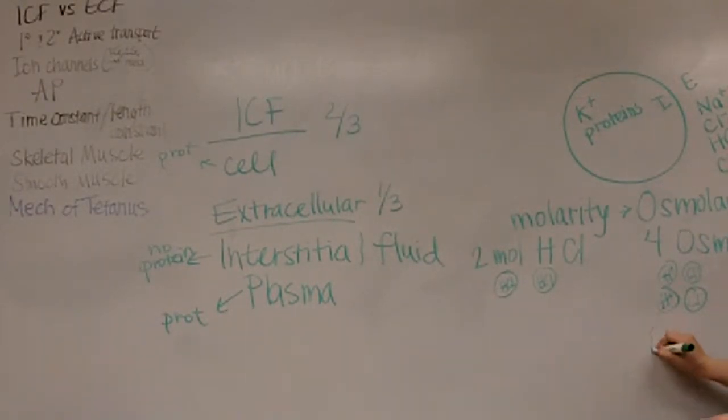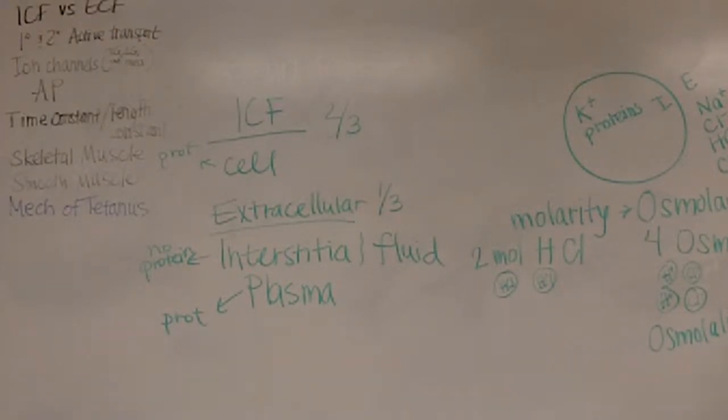If you do osmolality, it would be 4 osmoles per kilogram, because 1 kilogram and 1 liter are equal with water. I don't really know why we would do that, because we're not going to use kilograms very often, but just for the sake of definitions. Gotcha. Thank you.